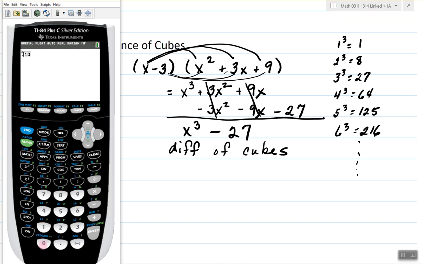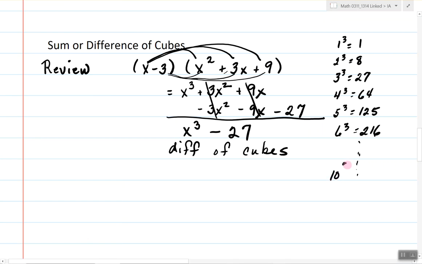Say you put in 1000. Enter. 10. So 10 cubed is 1,000, meaning that the cube root of 1,000 is 10. I believe in your packet, page 14 has a list of these powers, so that could be useful.